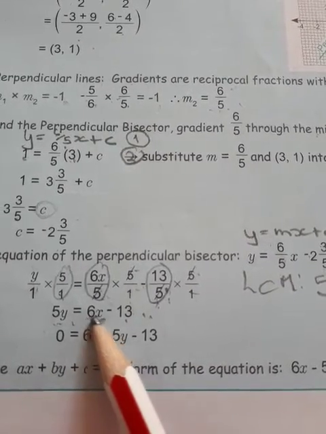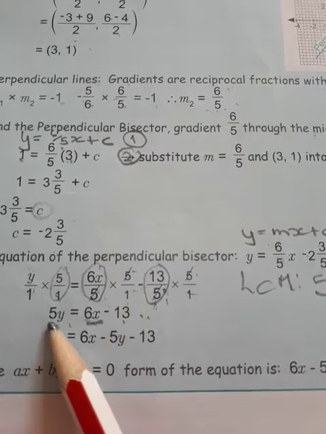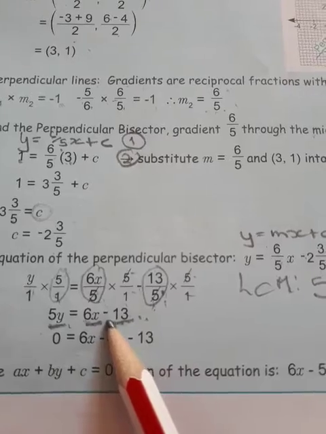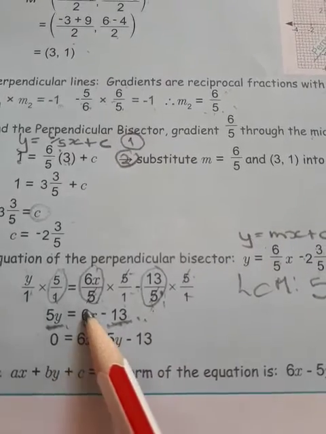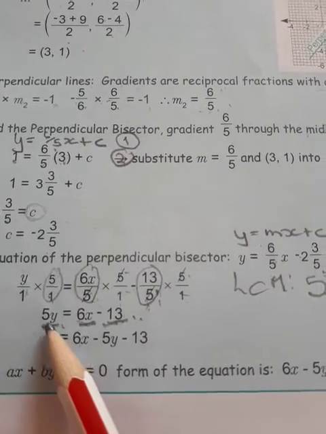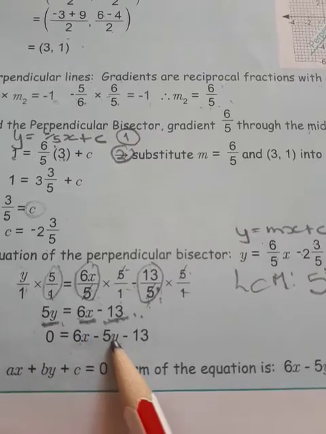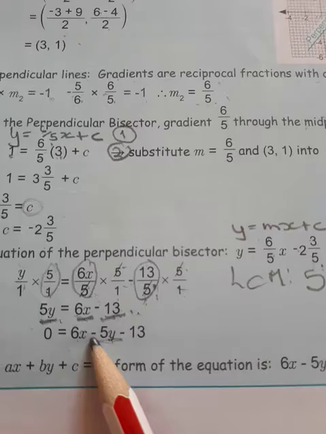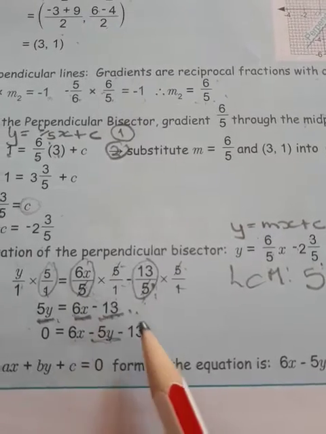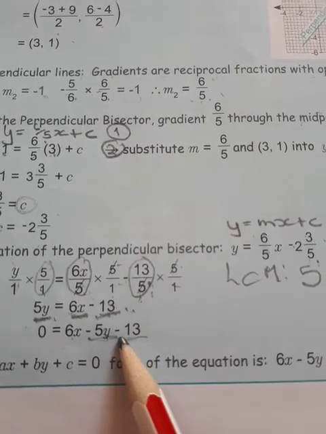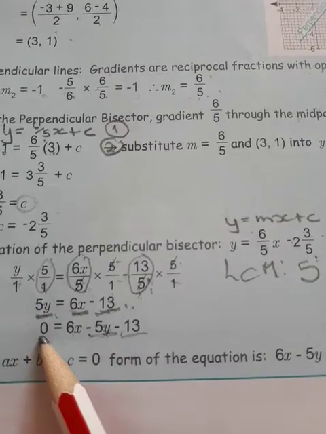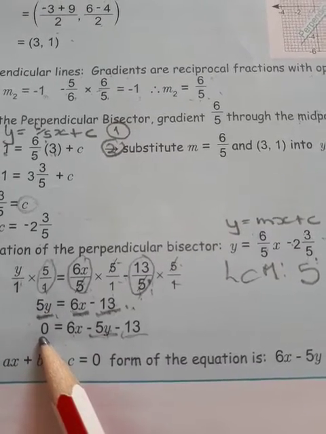This is ax, this is by, and this is c. So the standard format is ax that you write first. Now the by needs to be taken over. We want it on that side. So it becomes negative 5y, and then the c is negative 13, so it's already there. But because we have taken over the 5y, on the left-hand side we've got a 0.